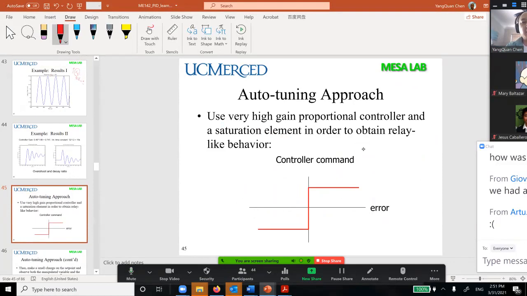This is a relay behavior. If the input is positive, the output is 1. If it's negative, it's -1. It's called a relay nonlinearity, and it's very easy to implement.